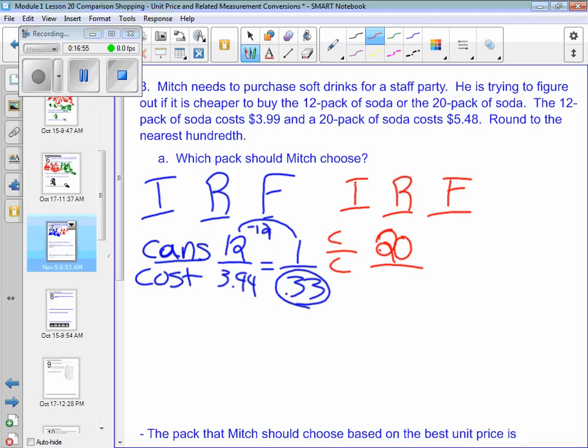Since they both start with a C, do CA over CL or cans over cost or something, so you know what's what. Good enough. As long as you know what's what.